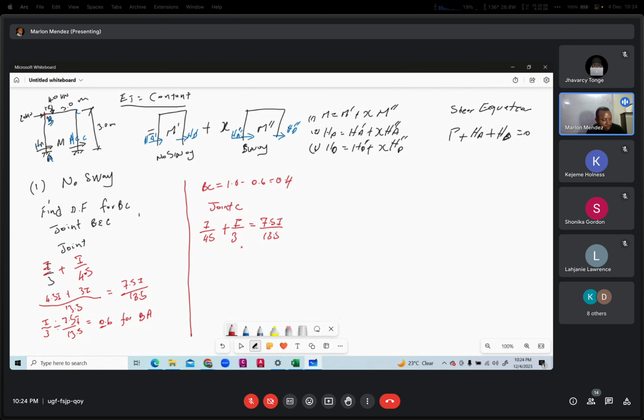So remember, we're going to find the stiffness of this member divided by the sum of the stiffnesses. That's what it is saying.